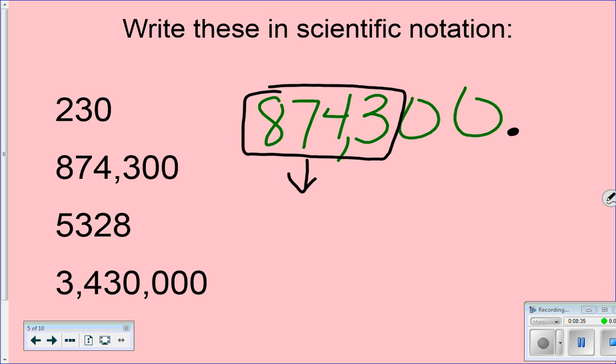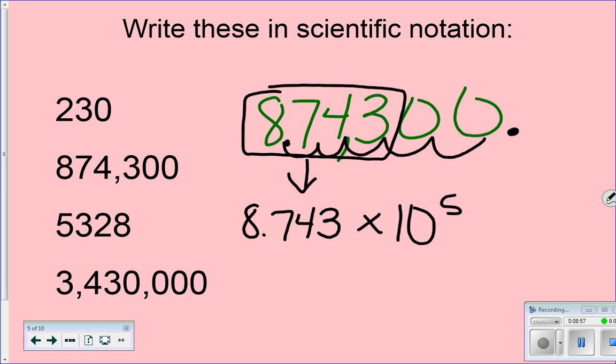And I need to make that between 1 and 9.9. So where's my decimal going to go? Good. Very good. Times, I'm always going to do times 10. And then I'm going to figure out how many spaces I move my decimal, and that's going to be my exponent. Is it 5 again? 5. Yep, done. I just wrote this number in scientific notation.